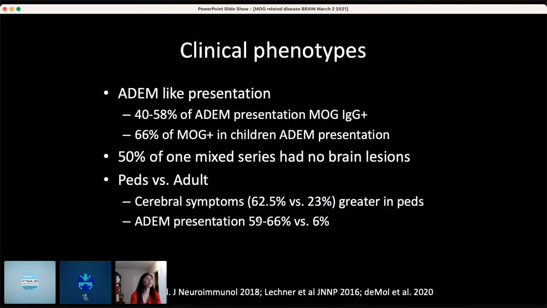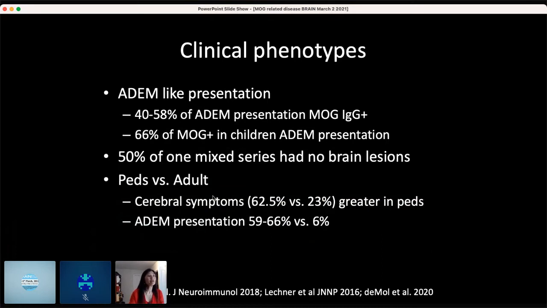So what are the clinical phenotypes that are seen in this syndrome? The majority, if you go back to the slide that I started with, in the pediatric population, will have an acute disseminated encephalomyelitis presentation. 66% of children with an ADEM presentation will be MOG positive, and about half of those who present with an ADEM presentation overall will be MOG positive.